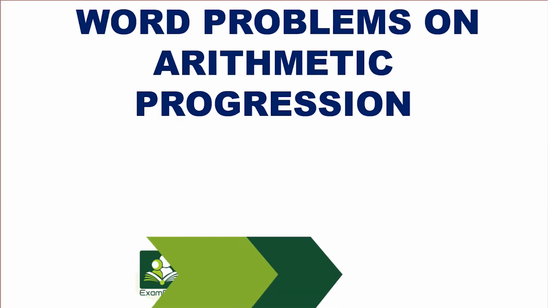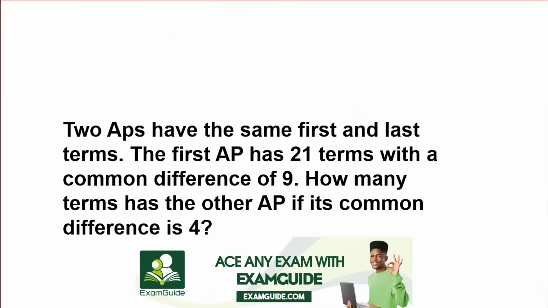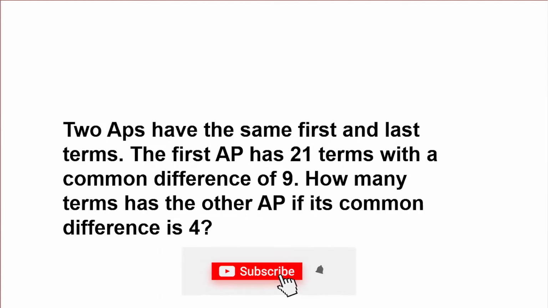Word problems on arithmetic progression. Okay, 2 APs have the same first and last term. The first AP has 21 terms with a common difference of 9. How many terms has the other AP if its common difference is 4?